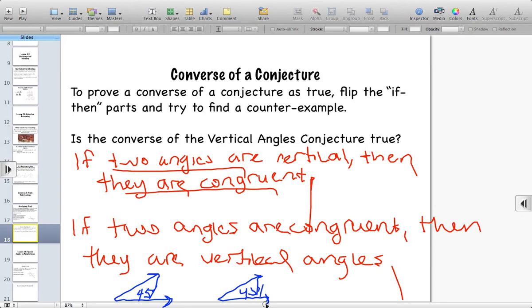Are they vertical angles? No. They're congruent to each other, but they're not vertical angles. So that's one counterexample, one of many, to prove that the converse of this conjecture is not true.